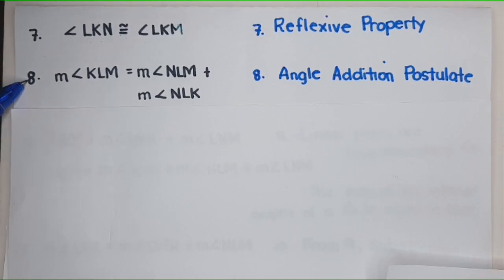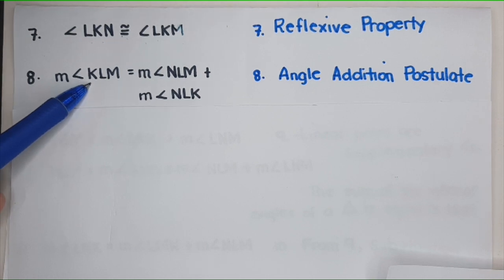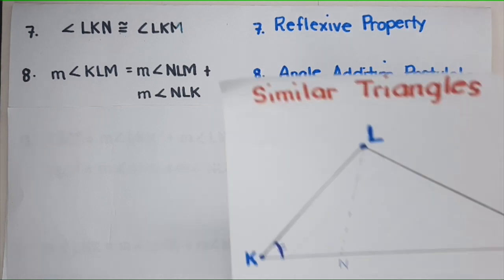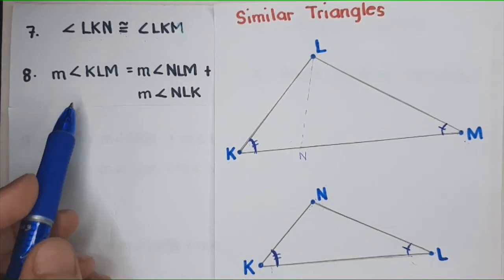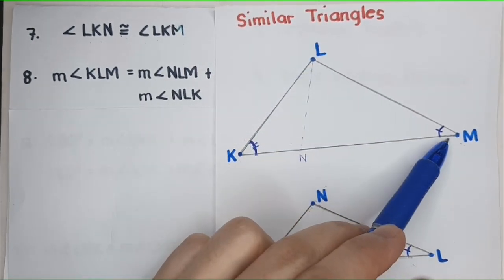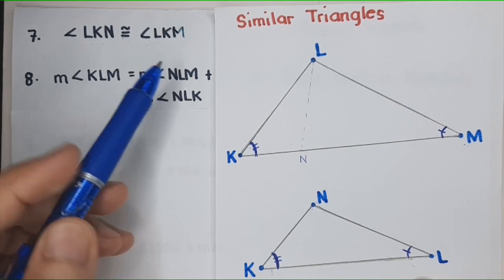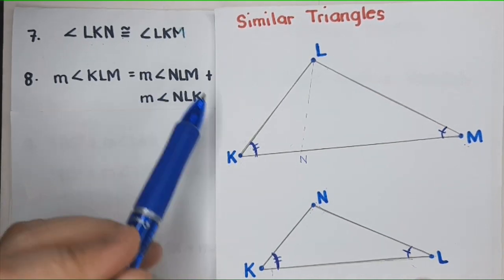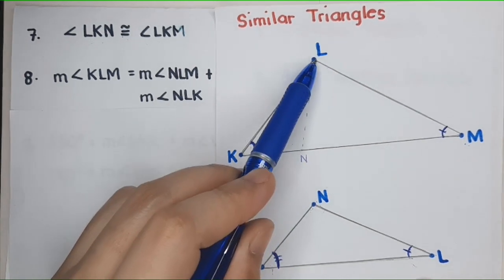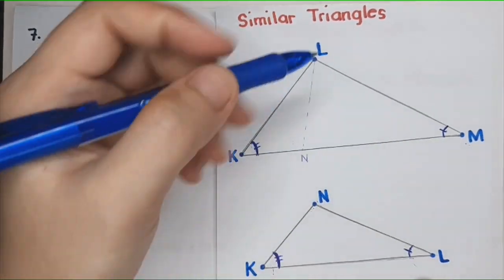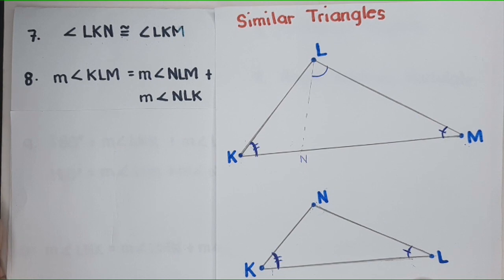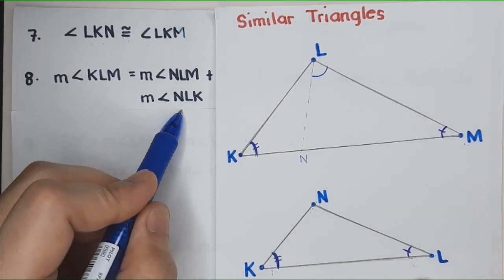So now we prove that this angle is congruent to this angle. This is our 8th statement. Where is angle KLM? When we go back to our similar triangle, where is angle KLM? Do you see it? It is equal to the sum of NLM, this angle, plus NLK.